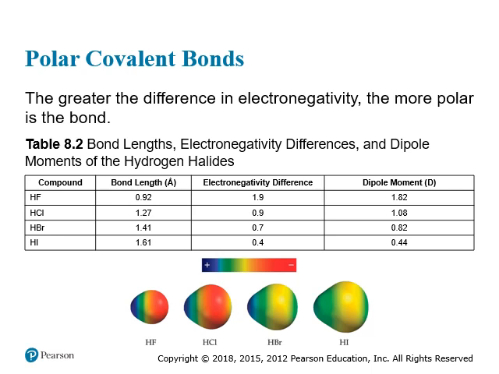As you might suspect, in going from hydrogen fluoride all the way up to hydrogen iodide, we see an increased bond length. Iodine is much larger than fluorine in terms of its atomic radius.